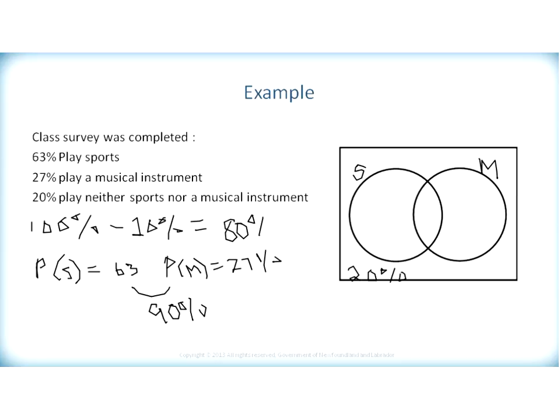Since it should only equal 80%, we can see that 10% are in the intersect, giving 53% only playing sports and 17% only playing a musical instrument. Notice everything inside this diagram must add up to 100%.